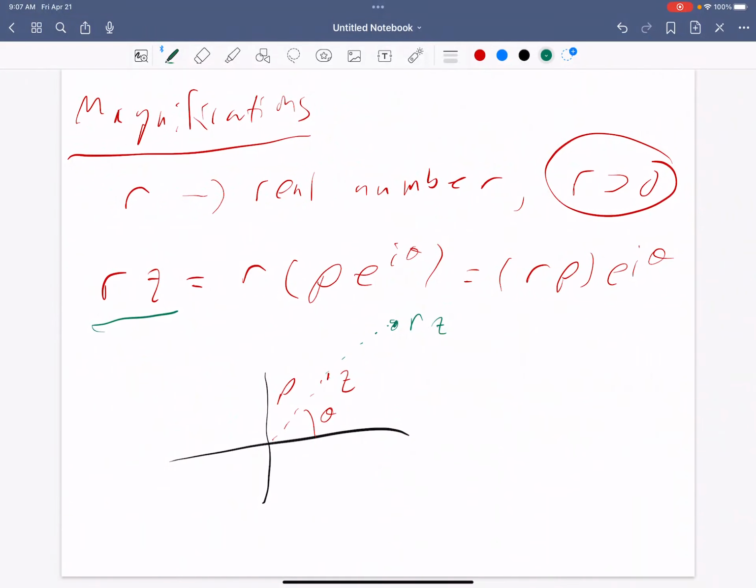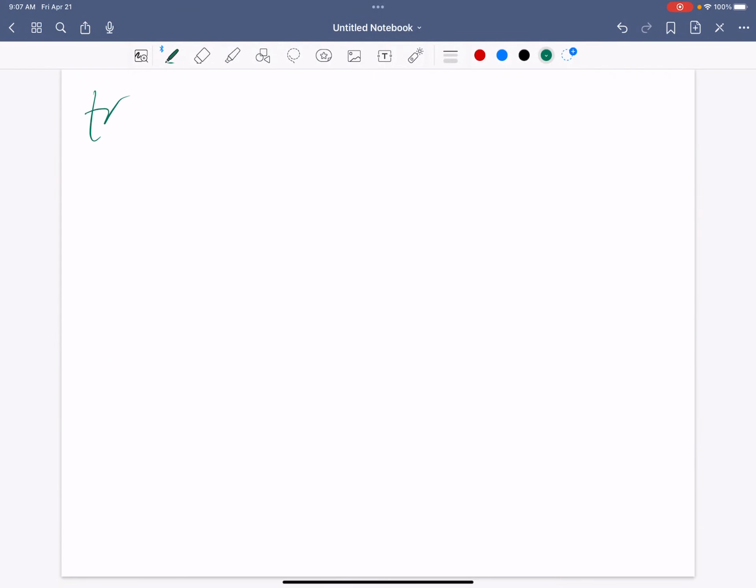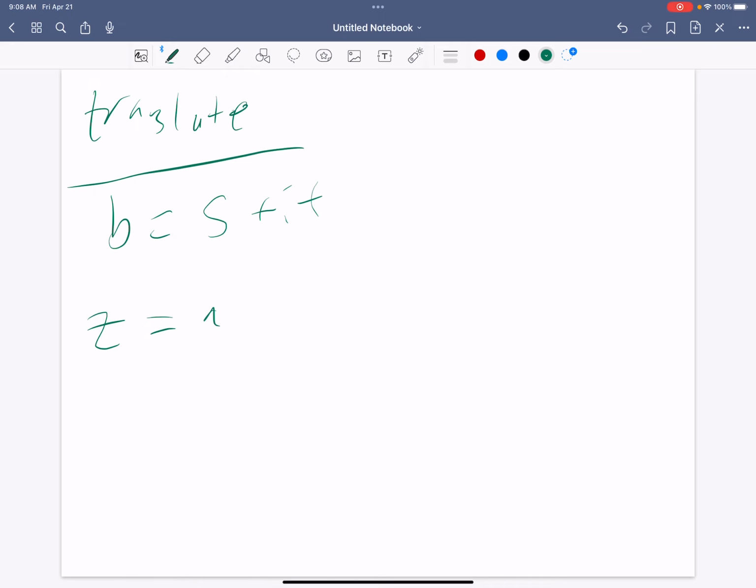And that one is super easy to see, because if we are adding a complex number b, that's s plus it, and if I look at my complex number z, which is a plus bi, z plus b is s plus a plus t plus bi. So the real part gets shifted by s, and the imaginary part gets shifted by t, so it's clearly translating.